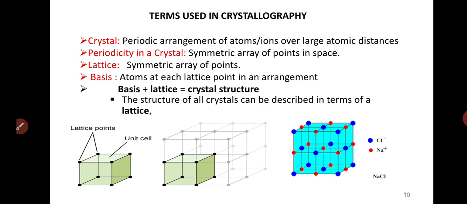The crystal is formed from basis plus lattice. Means, if you take these points as the lattice, as already defined, the lattice is the symmetric array of the points, and if a single atom is placed at that point, the structure which is formed is called a crystal structure.